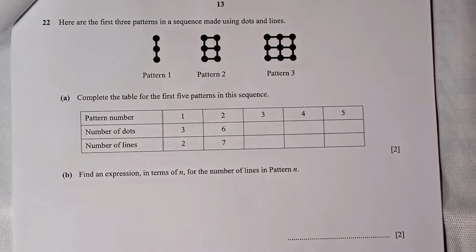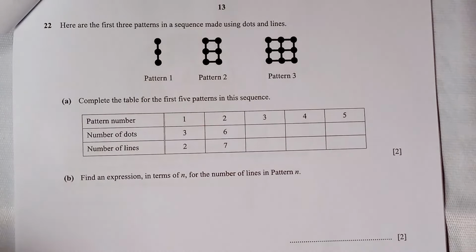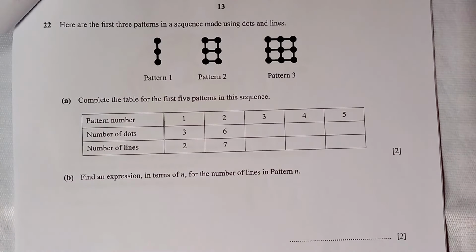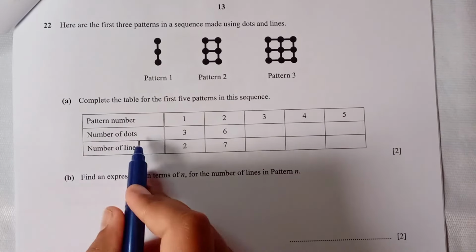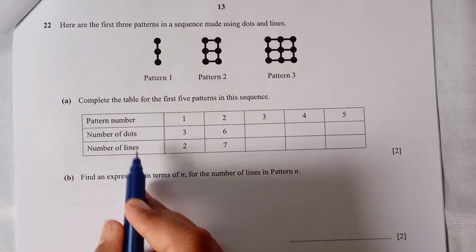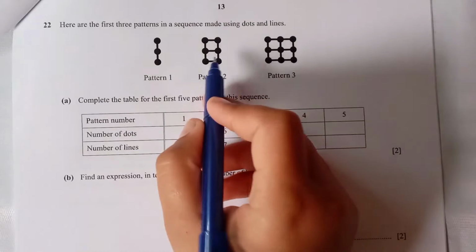Now question number 22. Here are the first three patterns in a sequence made using dots and lines. Okay. Now in A part, complete the table for the first five patterns in this sequence. So now we have a pattern number, number of dots and number of lines. As you can see, for the first pattern we have 3 dots. For the second we have 6 dots.